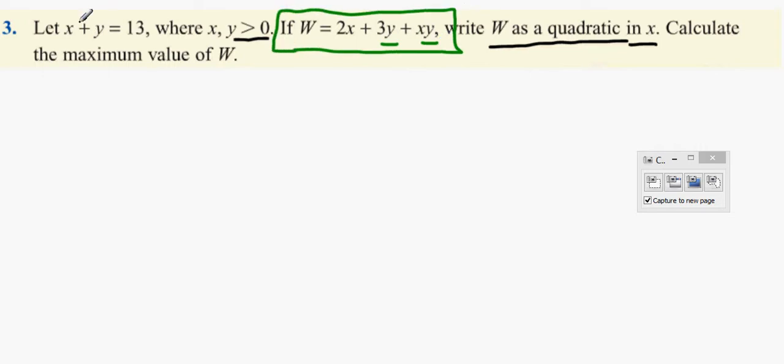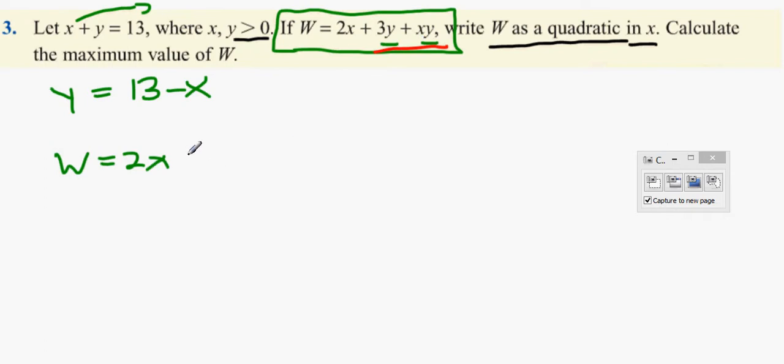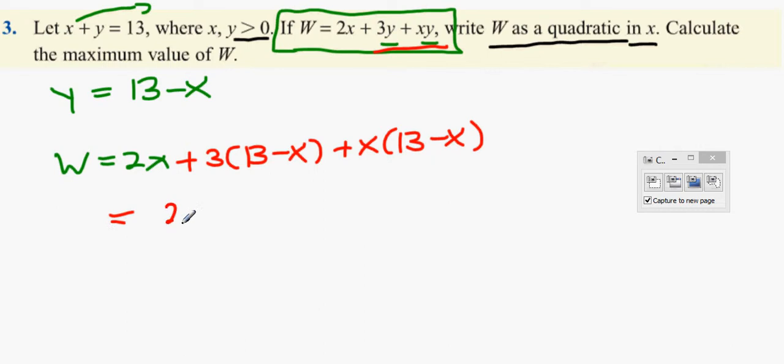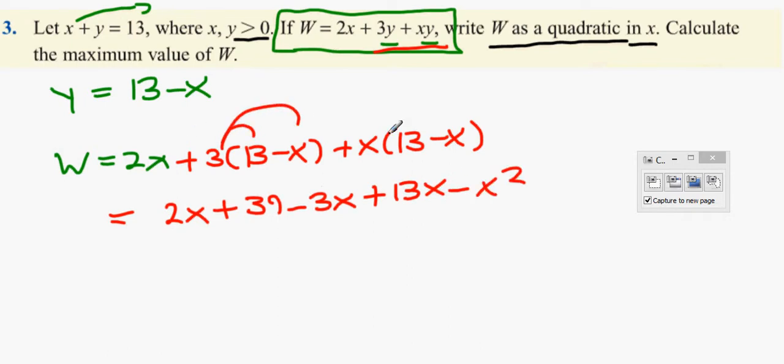How we get rid of those y's is we bring this x over to the other side and we get y equals 13 minus x. So we can then replace all the y's with 13 minus x. We're going to get plus 3 times 13 minus x, and then plus x times 13 minus x. What we should have here is 2x plus 39 minus 3x plus 13x minus x squared, when I multiply these out.